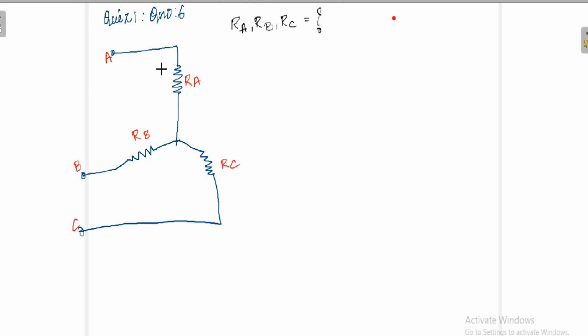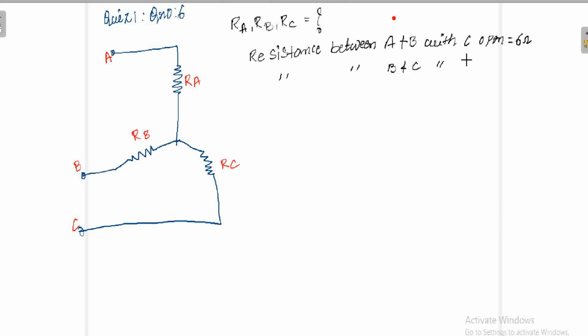So in the question they have given the resistance between A and B with C open, which is 6 ohms, the resistance between B and C with A open is 11 ohms, and the resistance between C and A with B open is 9 ohms.